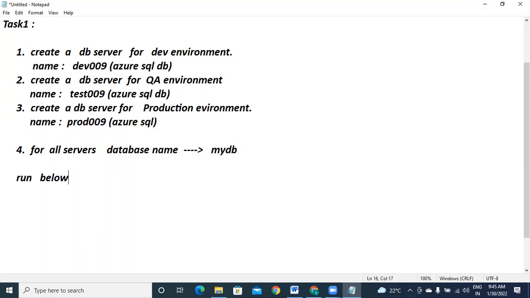Run the below script in all query editors. The script is like this, a SQL script.